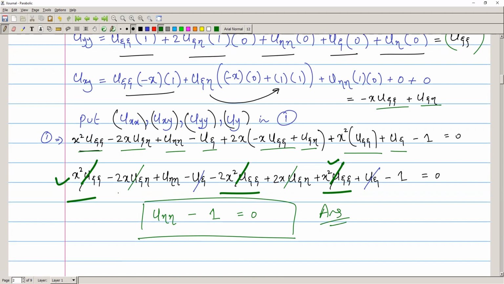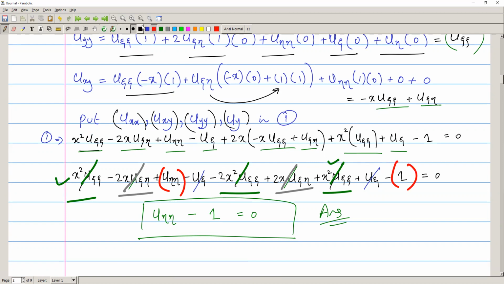Then we are left with negative 2x u_psi eta, and here it's positive 2x u_psi eta, so we can cancel them, right? Then we are only left with these two elements, u_eta eta and negative 1.